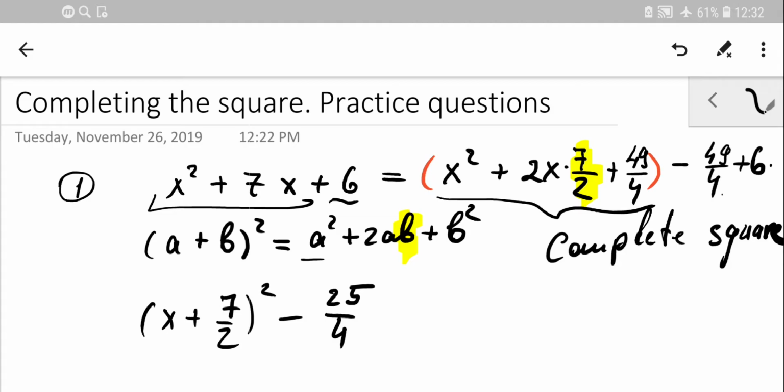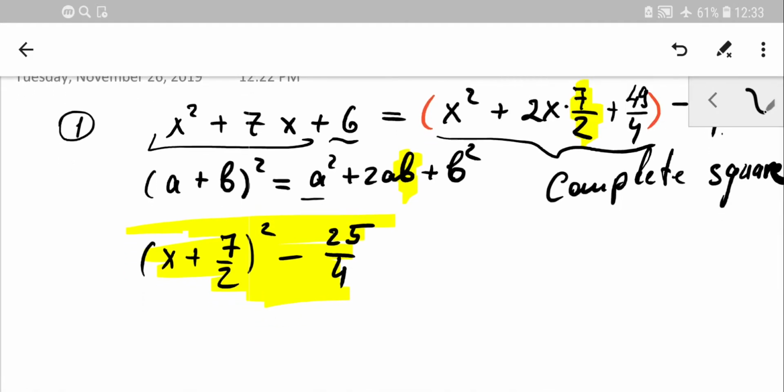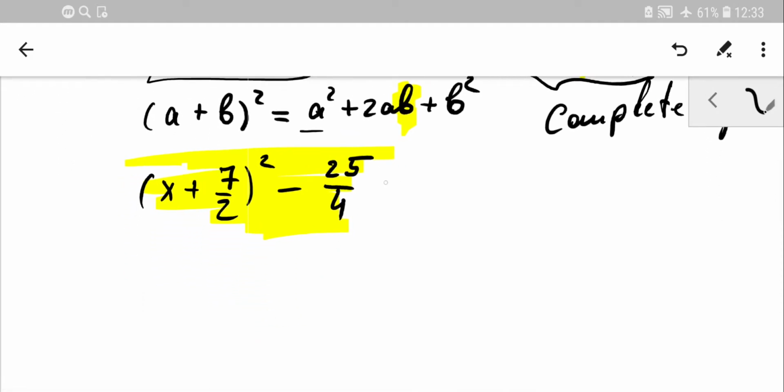If you need to factorize this expression, of course, never use complete square because it works really hard, unless you're clearly asked to do that. Let's assume in some weird questions you're asked to factorize through the complete square. So we have the complete square for this expression, and in order to factorize it, we can say that this is another formula, which is a squared minus b squared.